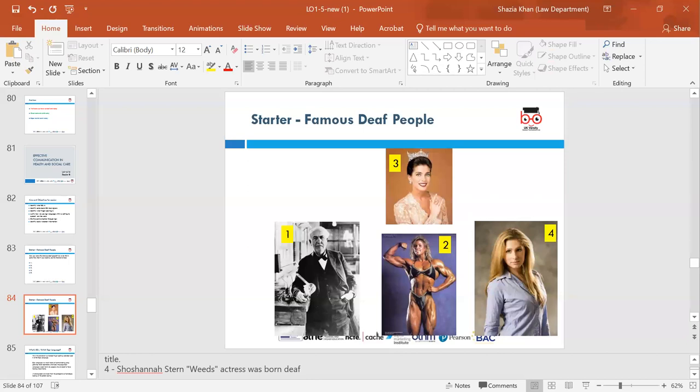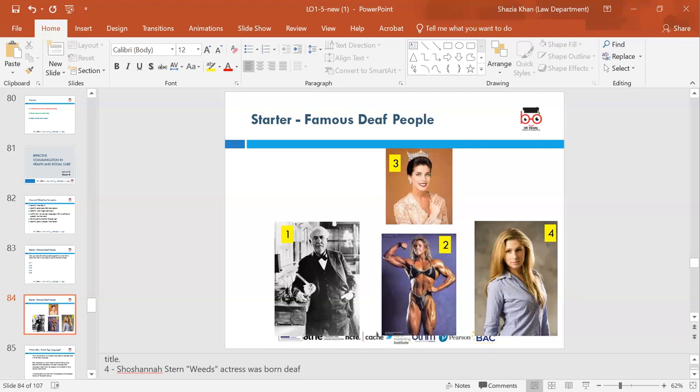He was a German pianist born in 1770 and is regarded as one of the greatest classical composers ever. He started to lose his hearing at the age of 26, with a suspected disease called typhus, which was lead poisoning.